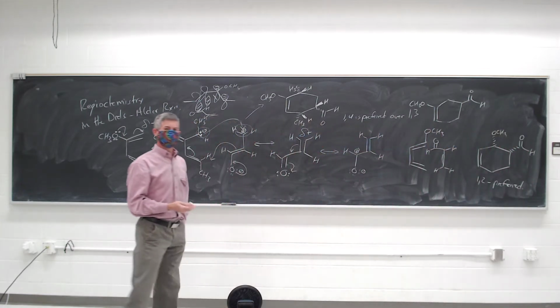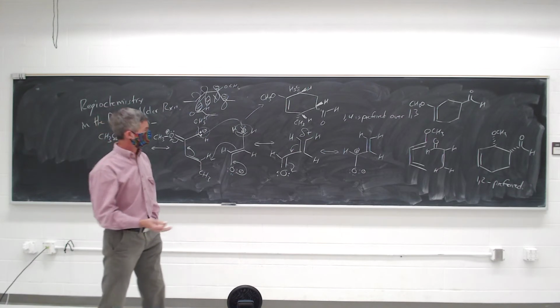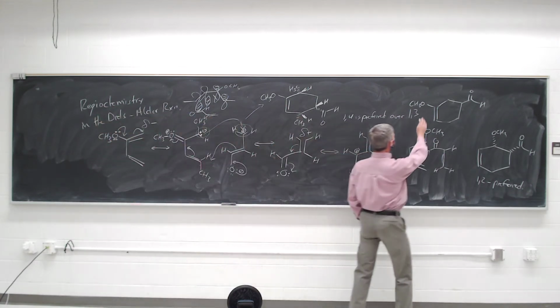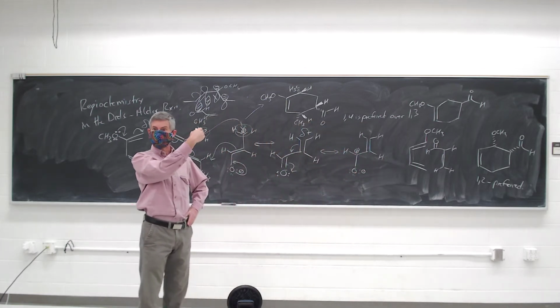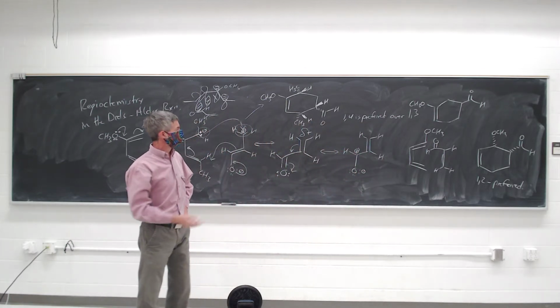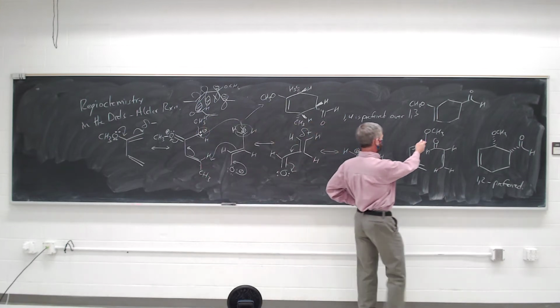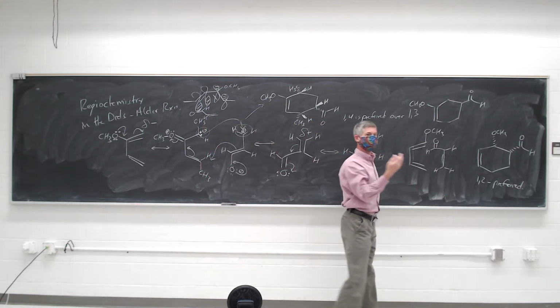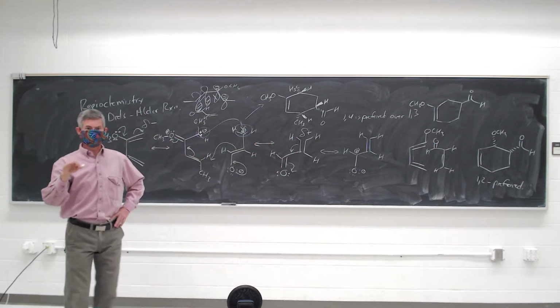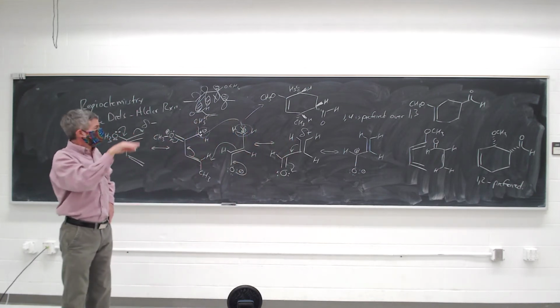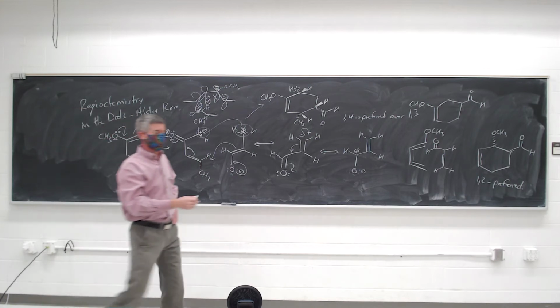So basically, the 1,3 is never favored. It's either going to be 1,4 if the electron donating substituent is on the internal part of the diene, or it's going to be 1,2 if the electron donating substituent is on the end of the diene. And we're talking here about substituents that can donate electrons not just inductively, but by resonance. So they have lone pairs.